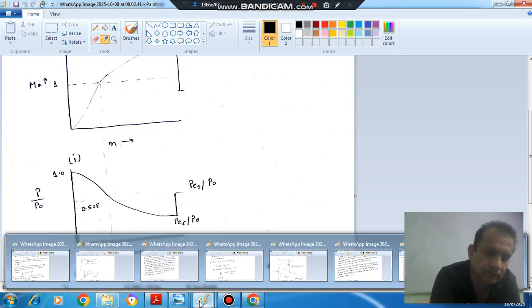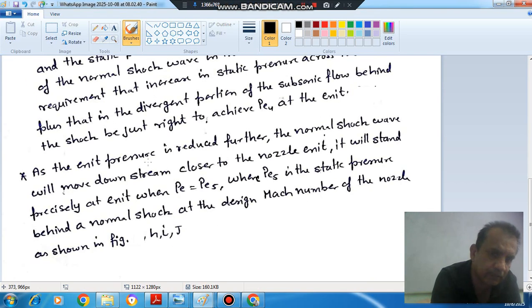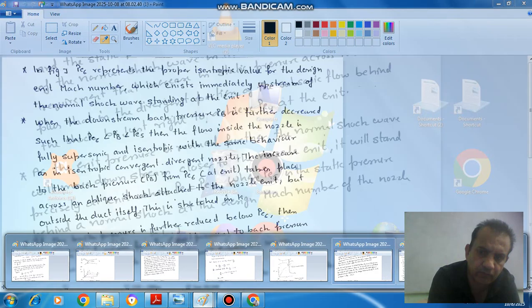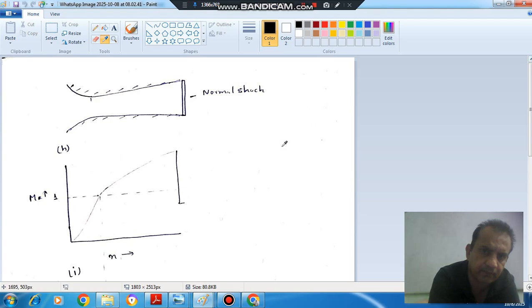So this is your isentropic solution. If we maintain PE6 at the exit of the nozzle, then there will be no shock here. Now we will discuss this feature also. Starting with the last point in the last video, as the pressure at the exit is reduced further, the normal shock wave will move downstream closer to the nozzle exit.